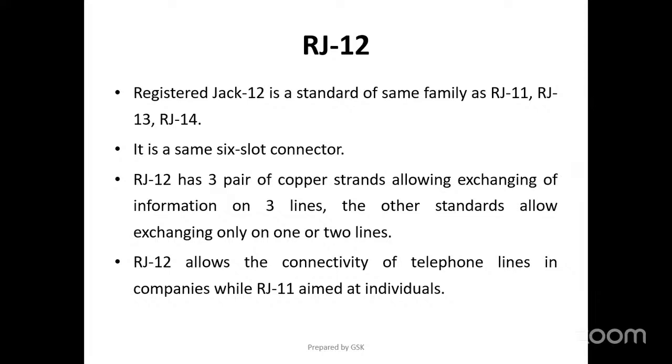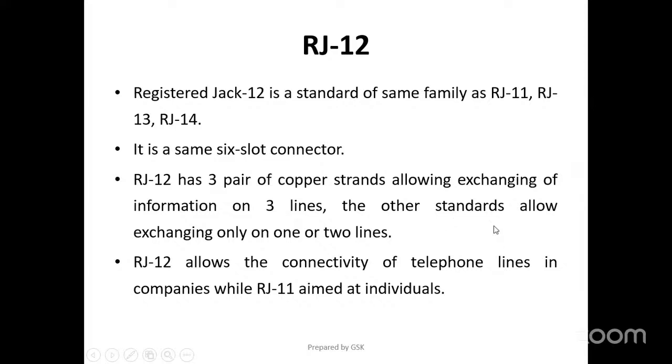Next, RJ12. These all belong to the same family, RJ11, RJ13, RJ14, and it is the same 6 slot connector. RJ12 is also a 6 slot connector, and RJ12 has 3 pairs of copper strands allowing exchange of information on 3 lines.